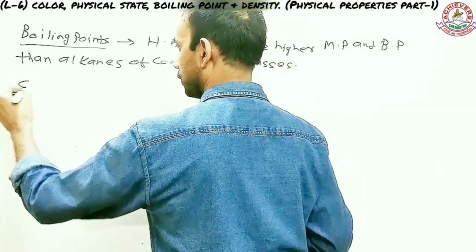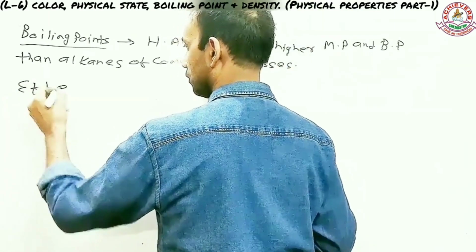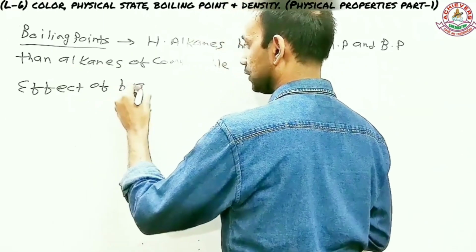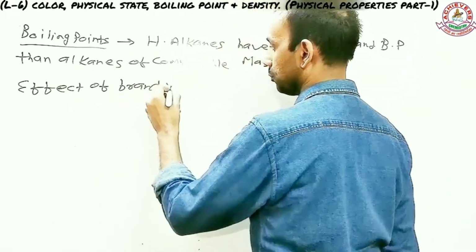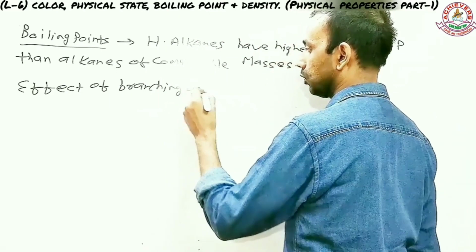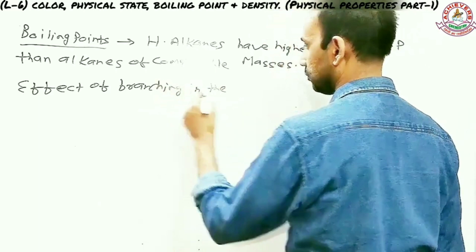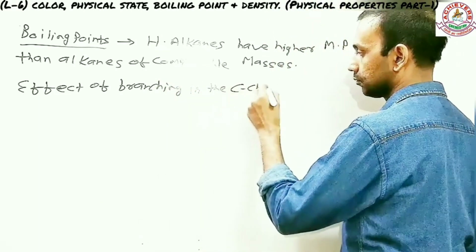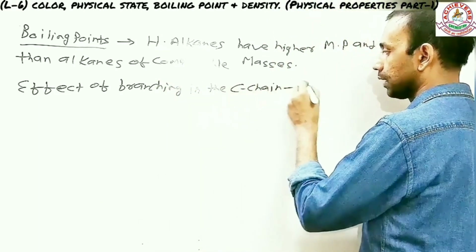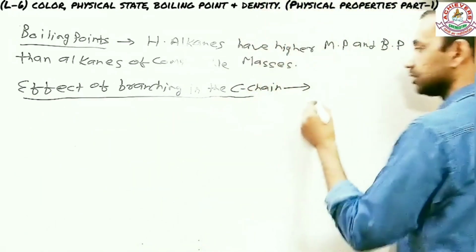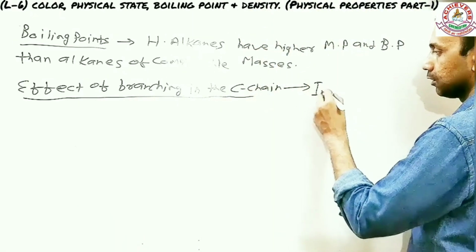So the effect of branching, that is what the topic is, branching in the carbon chain. Now what I said: increase in branching decreases the boiling point. So let's write it first.